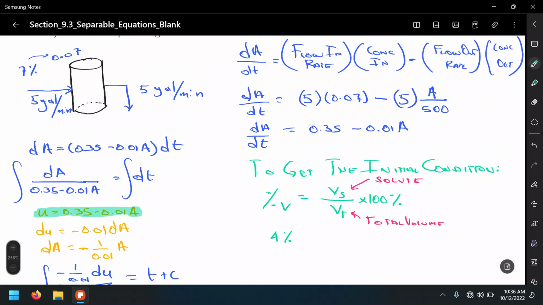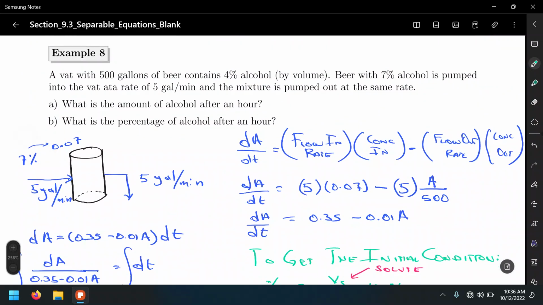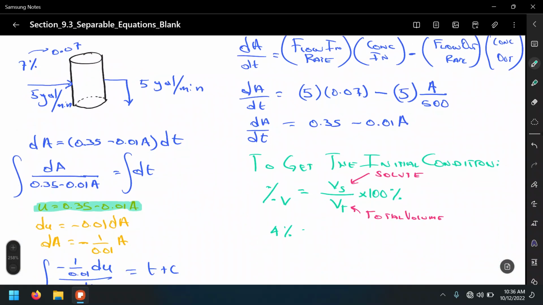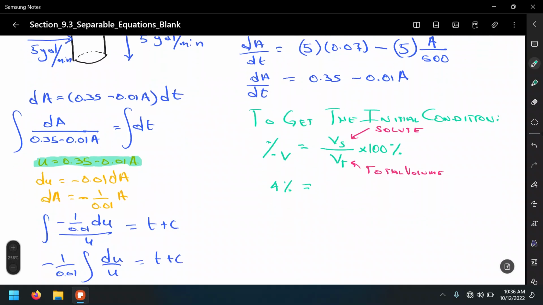Initially, inside the vat with 500 gallons, we have beer that is 4% alcohol. So let's use that as our piece of information. The volume of the solute, we don't know what it is. That's what we're going to find out, over the total volume, which is 500 gallons, times 100%.